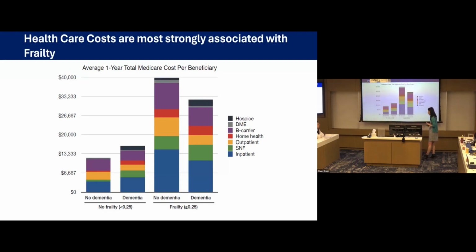Those with dementia but without frailty have costs that are fairly comparable to the healthy population. But when we look at the population with frailty and dementia, the mean costs actually seem to be lower than the population with frailty but no dementia. And so we hypothesized there might be two things going on here.